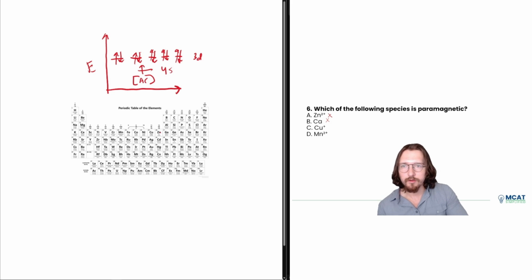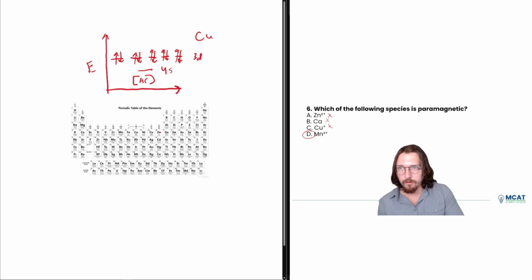So this is neutral copper, but this is copper 1+, so we need to remove an electron. Where does that electron come from? It comes from 4s. Neutral copper would actually be paramagnetic, but for copper 1+ we remove this unpaired electron, and now we only have paired electrons. So this is diamagnetic.